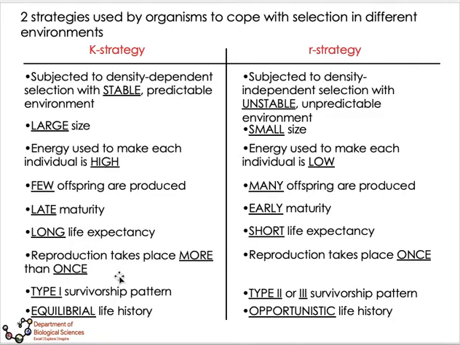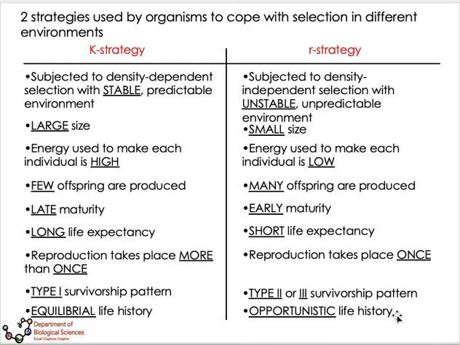So, reproduction takes place more than once. Ito naman, only once. So, type 1 ito, type 2 or type 3. We have equilibrial life history, opportunistic life history. R strategies are very applicable to lower forms of animals.